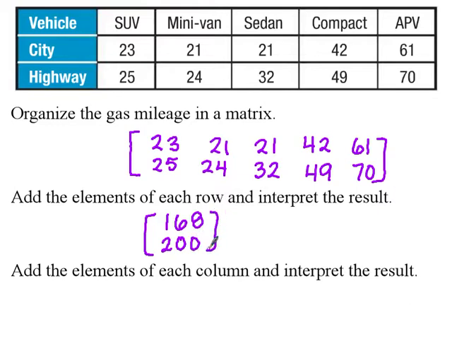So now it says interpret the results. So what we need to do is look back at our original problem and see. So if I look at this row, first row, it was city, and it was the different vehicles, and it was their gas mileage. So what do you think row 1 would represent?